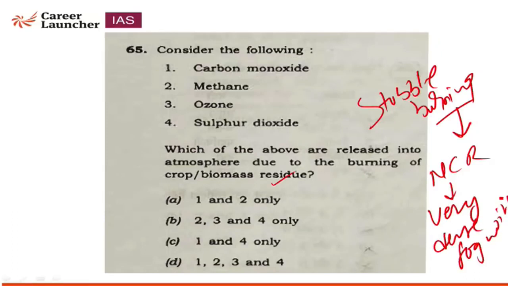Stubble burning is basically burning of biomass or crop residue, which releases carbon monoxide, methane, ozone and sulfur dioxide. So all four gases are released during the burning of crop or biomass residue. So option D is correct.